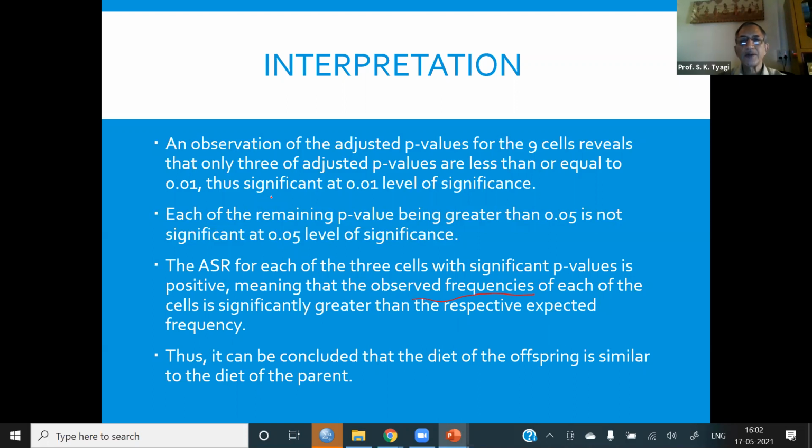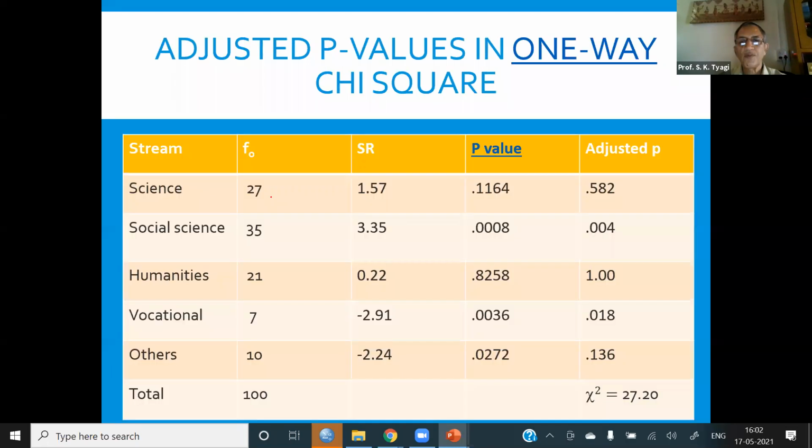So now I come to another example, adjusted values in one-way chi-square. Yesterday we did this example, we conducted a one-way chi-square, and this was the data: science, social science, humanities, vocational, and others.